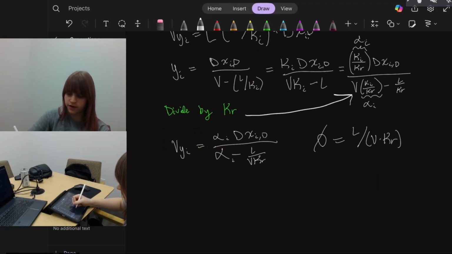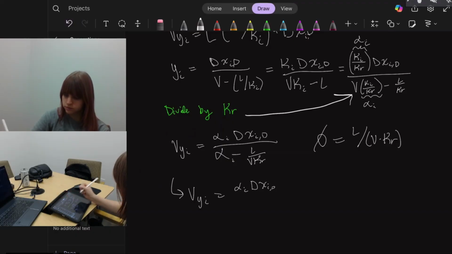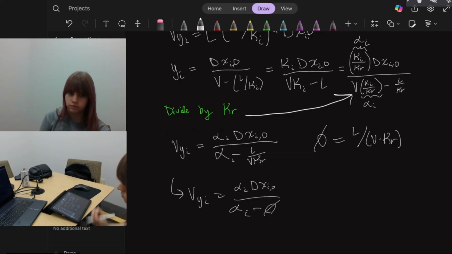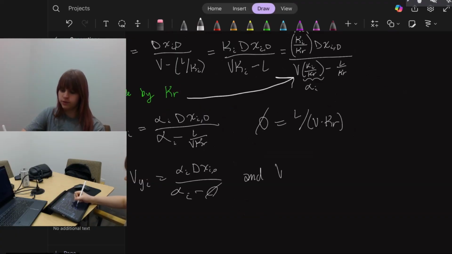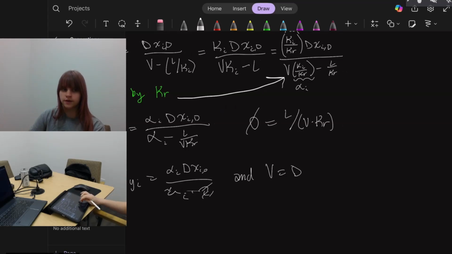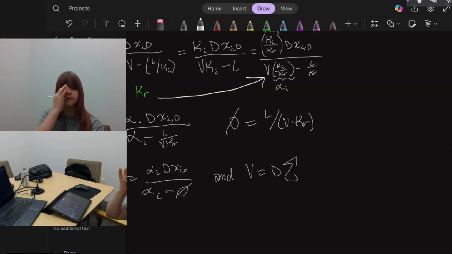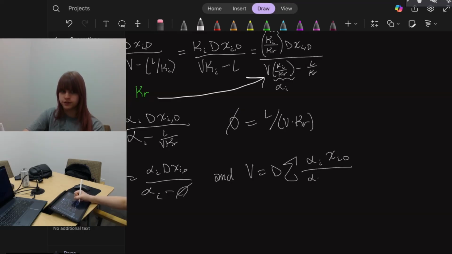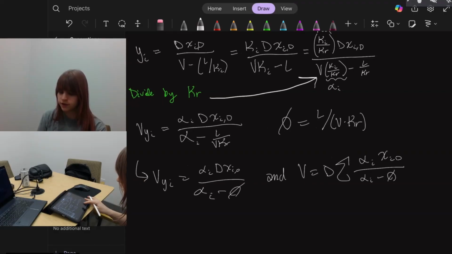To further simplify this, we can say that the vapor is equal to the distillate times the summation of our relative volatility times the distillate composition over the relative volatility minus that phi that we have there.